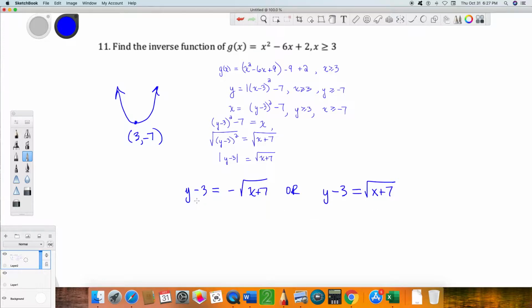All right, so this splits into two equations. You're just like, wait a minute, if I have for every x two possible y values, that's not a function. And they said that they want us to find the inverse function.